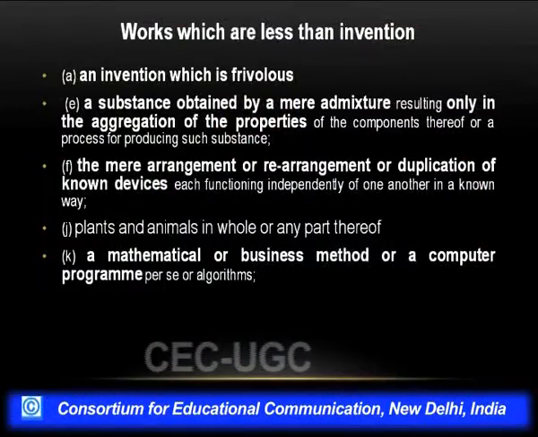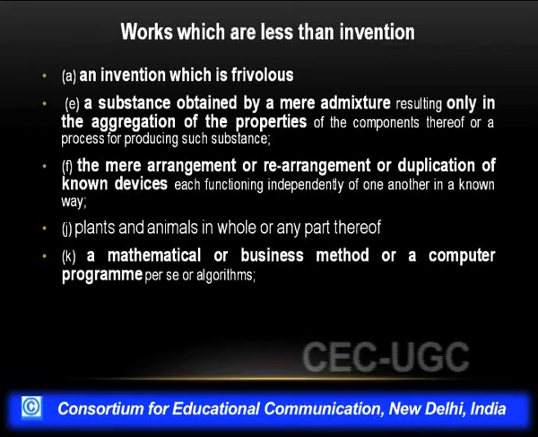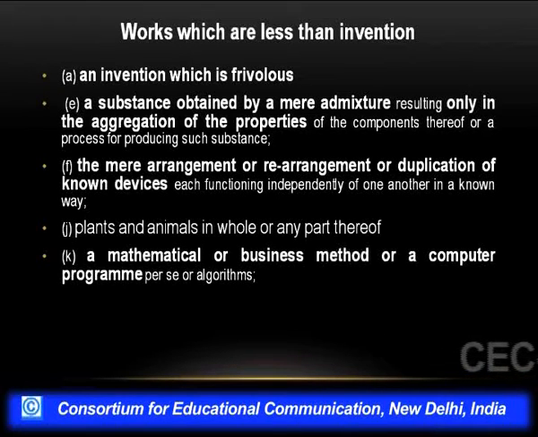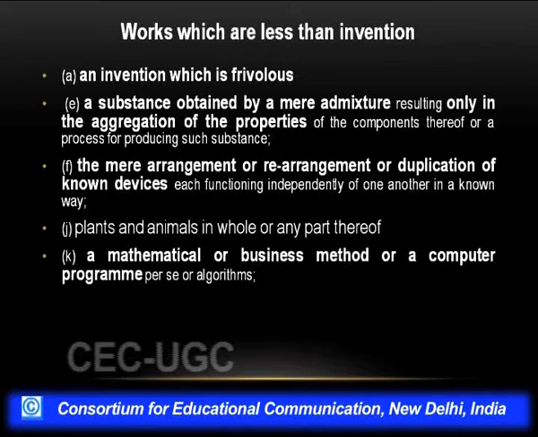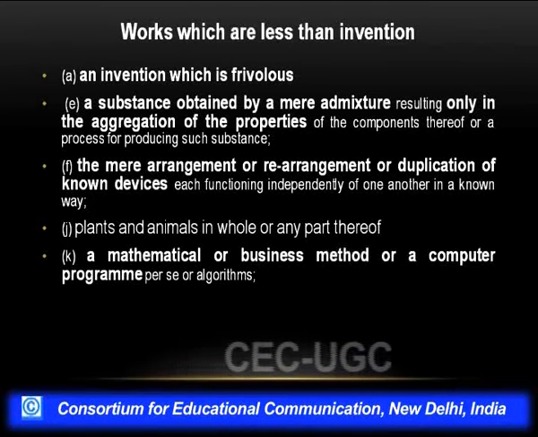The third thing that this clause excludes from patent protection is computer programs per se. Friends, if you have a look at the language, it reads computer programs per se. The word per se is attached with the word computer program.